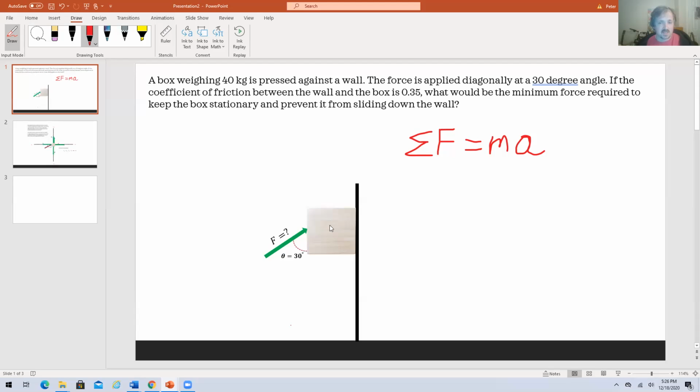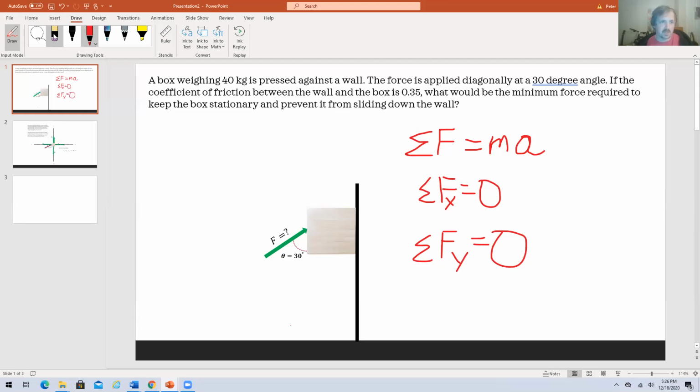And since it's set to 0, we can use that equation to solve for F. That's basically what we're going to do. What we know here is that the sum of all forces in the x-axis will be equal to 0, and the sum of all forces in the y-axis will also be equal to 0.